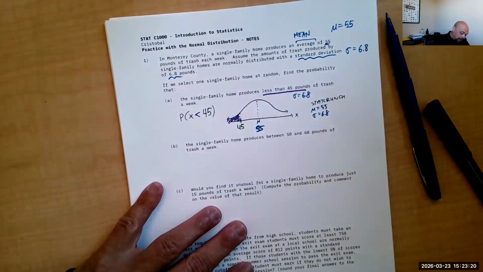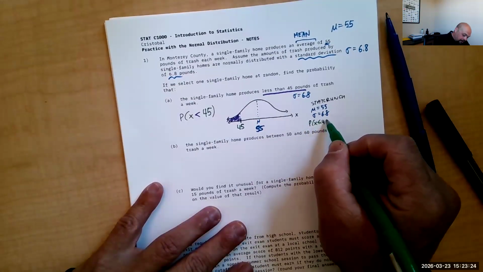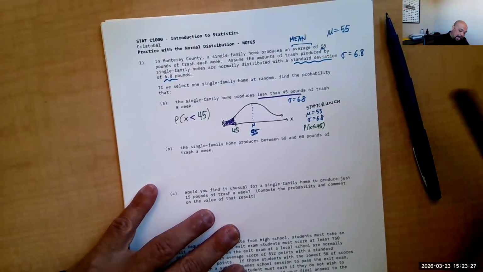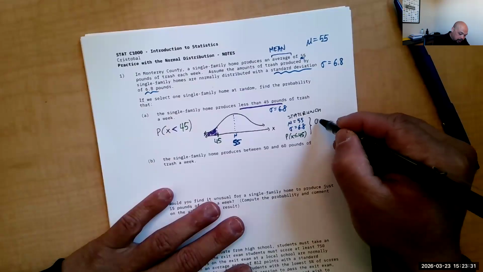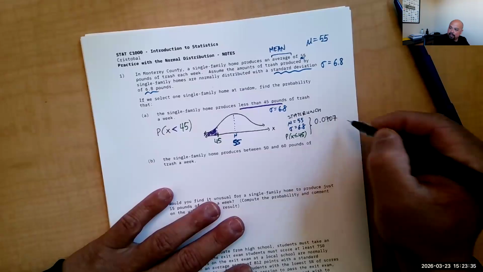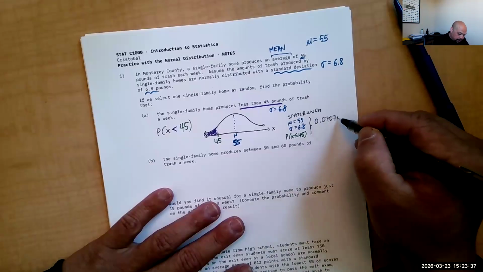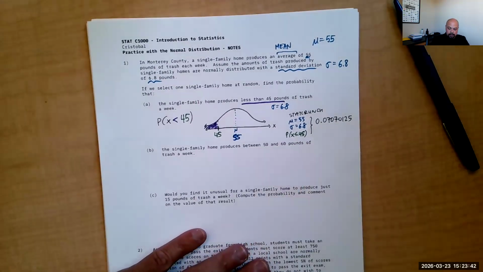And we had that probability that x was less than or equal to 45, right? That's what we typed in. So now on StatCrunch, that result turned out to be 0.07070125.